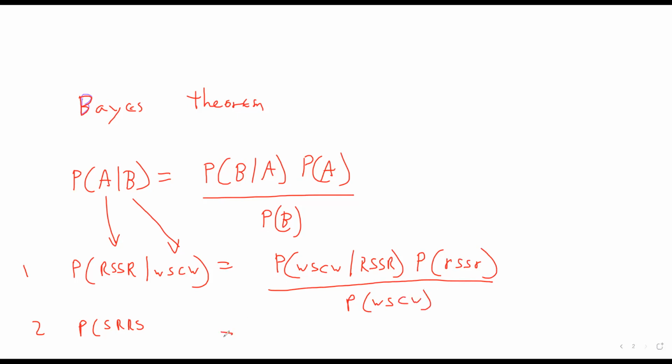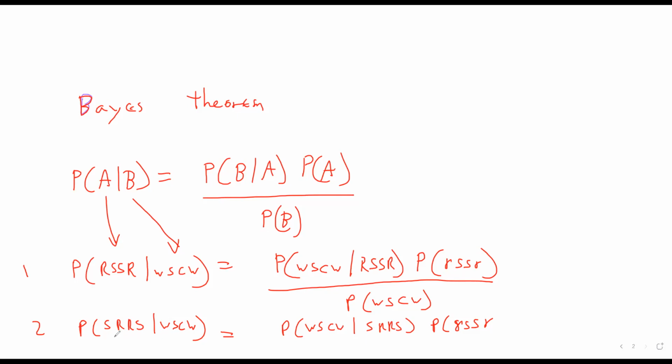If you think about it, we would do this for this one as well: the probability of walk, shop, clean, walk. Now the sequence is S, R, R, S. Sorry, I got this wrong. What did I do wrong? Oh, sorry, yeah, this one is different.